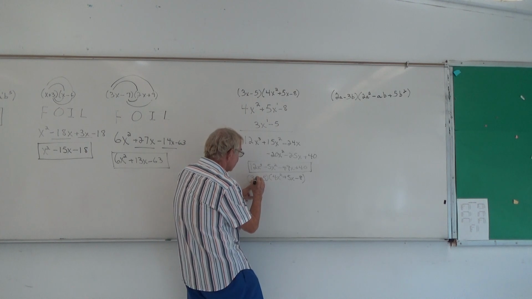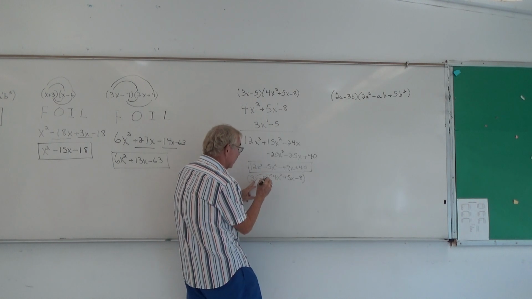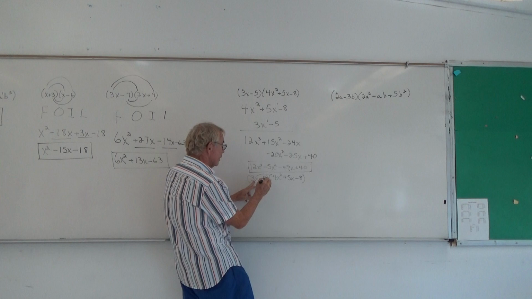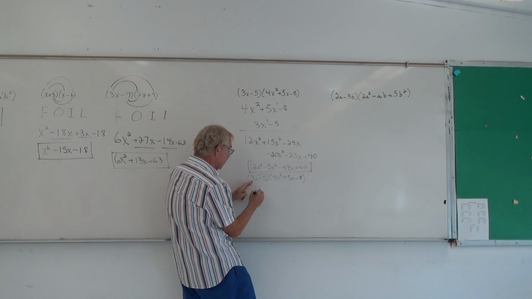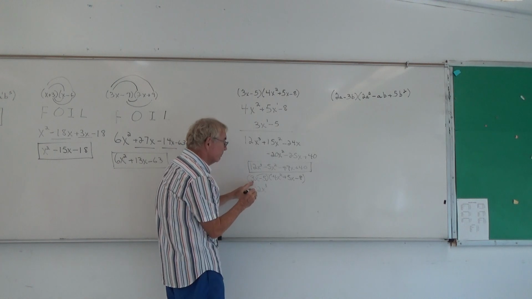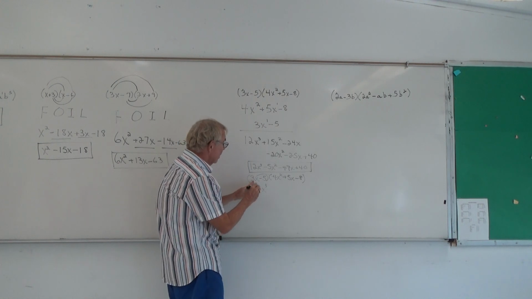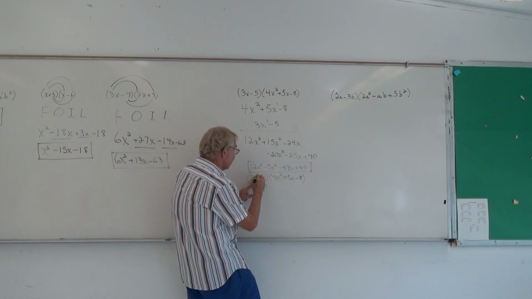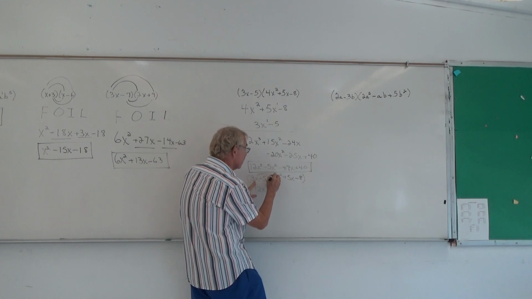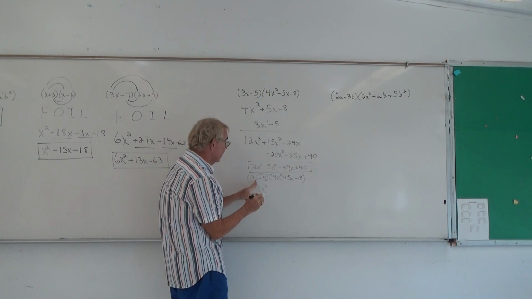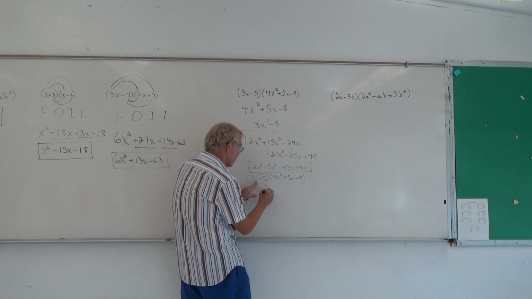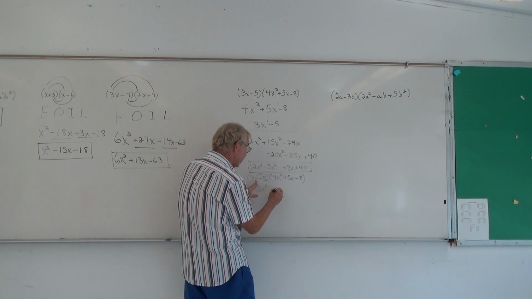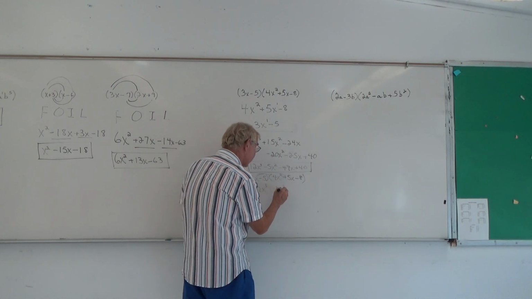What would happen if you distribute 3x times 4x squared? 3 times 4 would be 12x cubed. Okay? What would happen if you multiply this 3x times this 5x? Well, 3x times 5x is 15x squared.